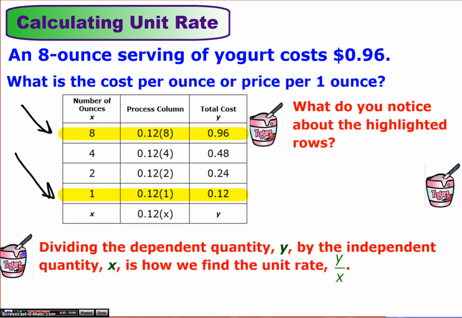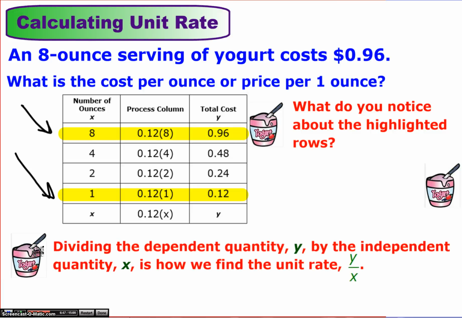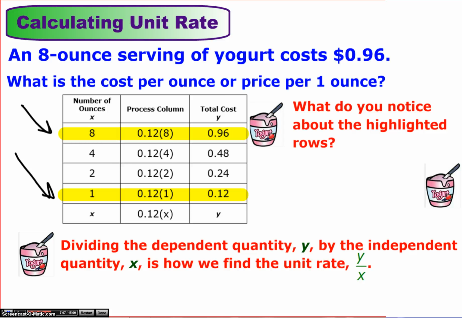So underneath that second example, the first blank says, to calculate the unit rate, you are going to divide the Y value by its corresponding X value in each row of the table of values. This is known as the ratio Y over X, and that is your unit rate.